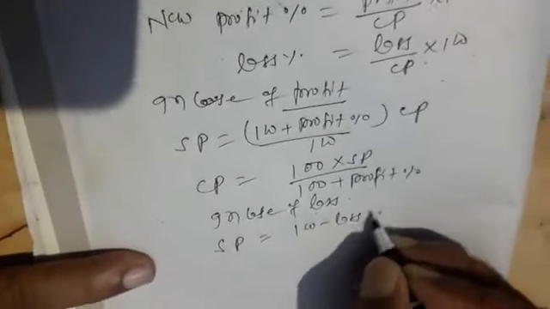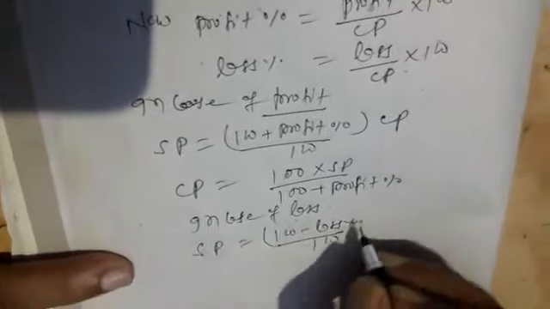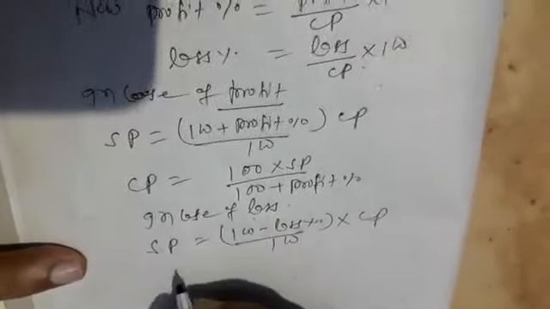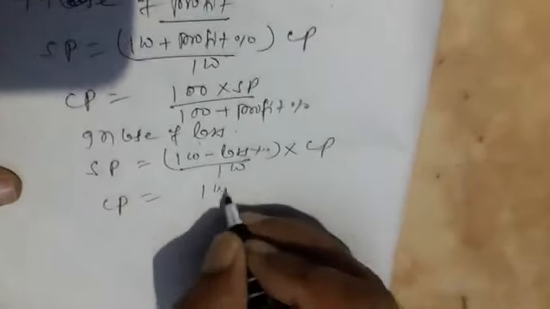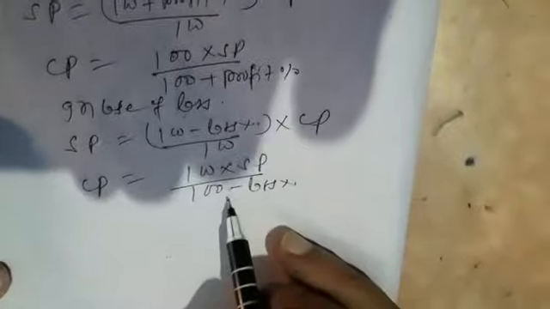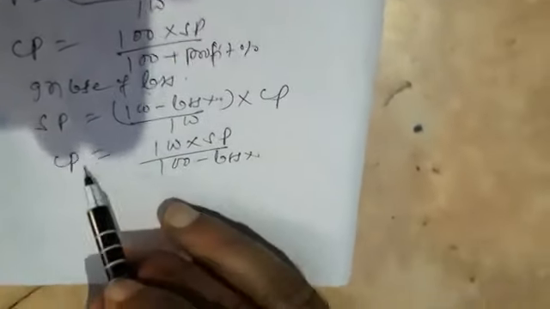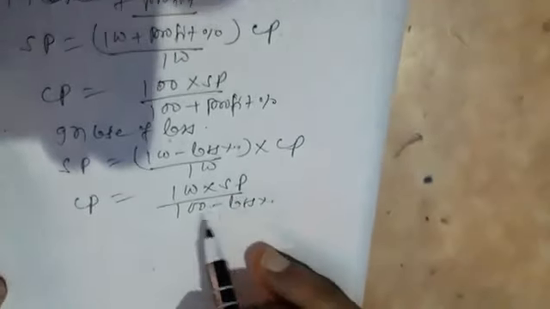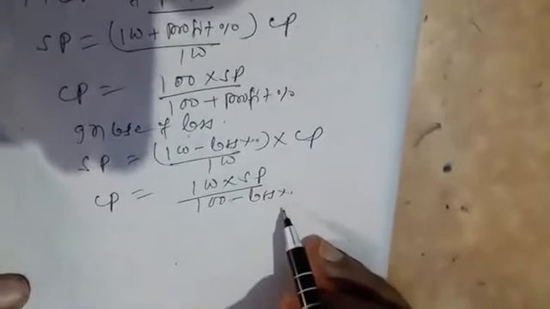In case of loss, SP is equal to (100 minus loss percent) by 100 into CP, and CP is equal to 100 into SP by (100 minus loss percent).